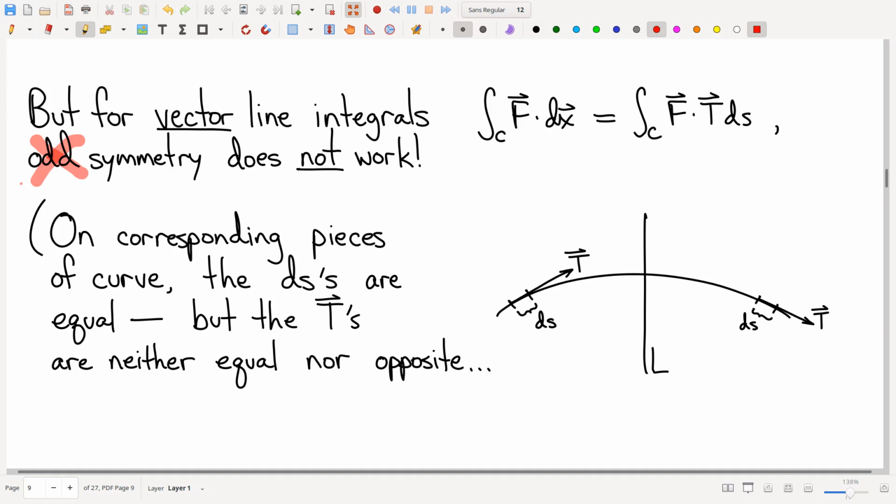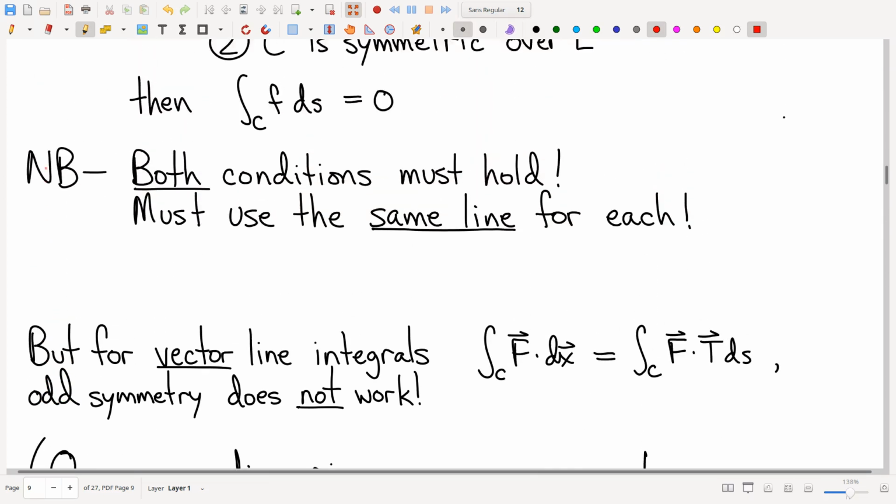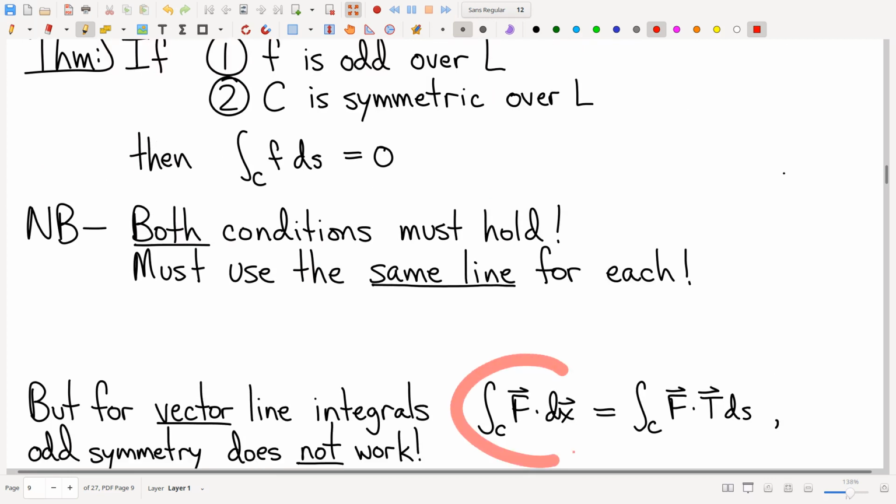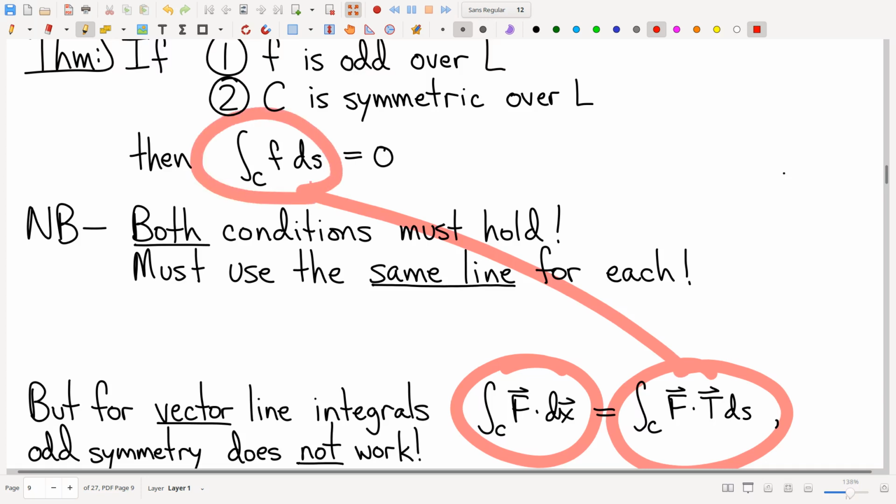But what you can make use of, if you find yourself looking at a vector line integral like so, and you wish you could use a symmetry theorem, is to rewrite it like this. Notice that is effectively a scalar line integral. You've got to look at F and T, right?